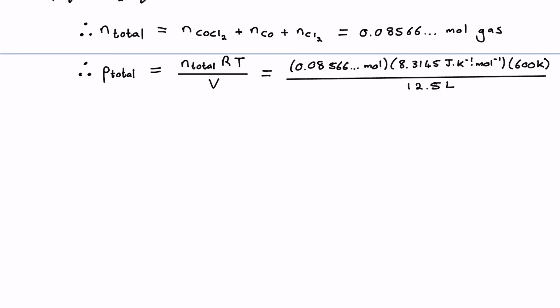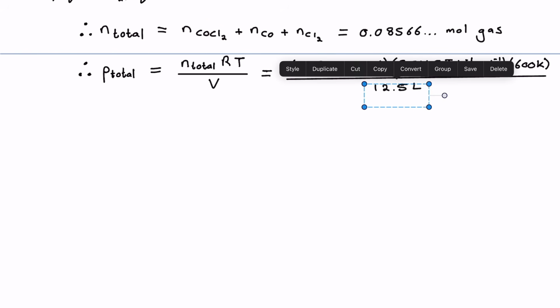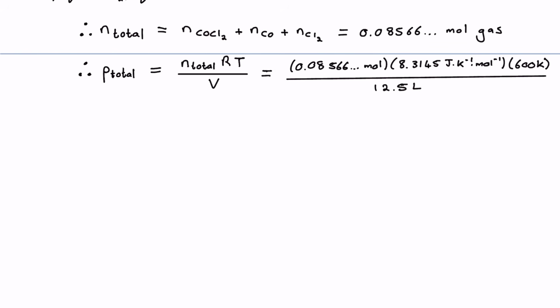liter. Now 12.5 liter, we need to remember what units we actually want to work in here. So if your R value is in joule per Kelvin per mole, then you have to work in cubic meter, right?